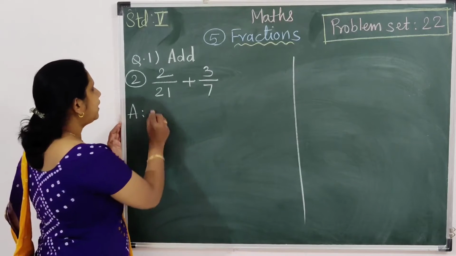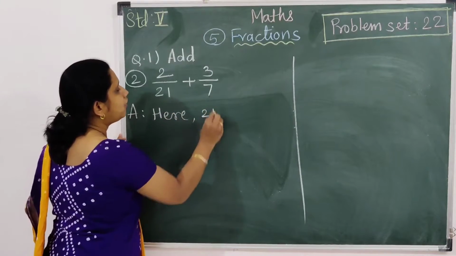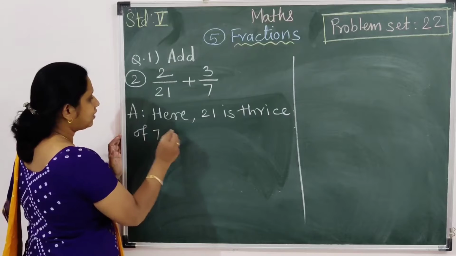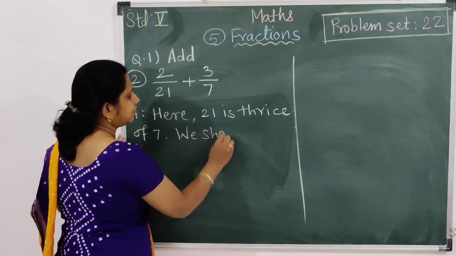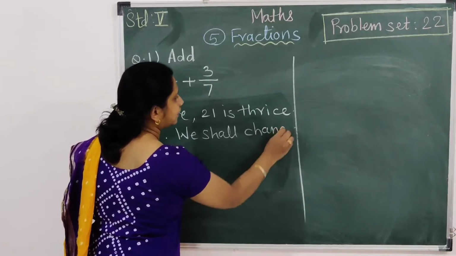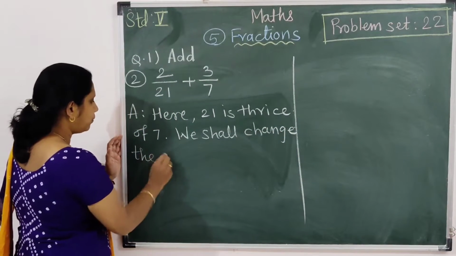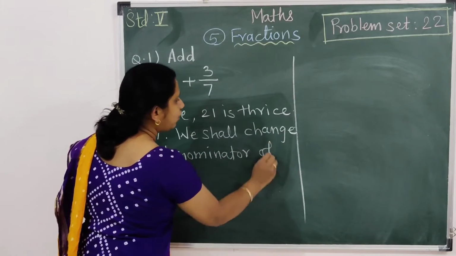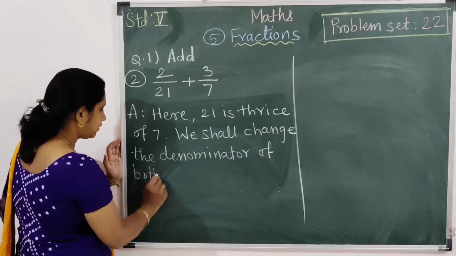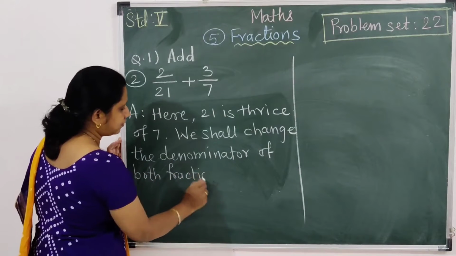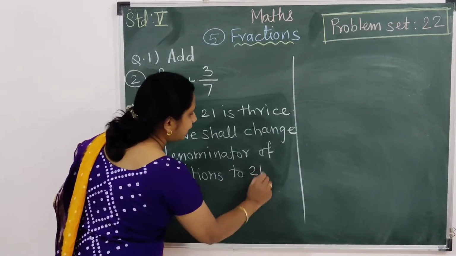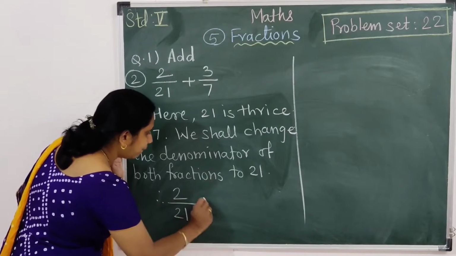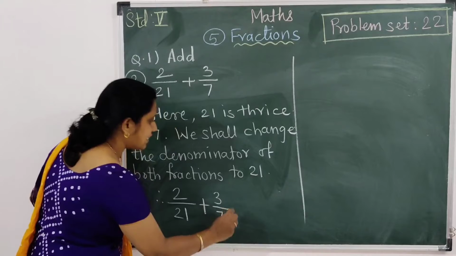Let us write: 21 is thrice of 7, so we shall change the denominator of both fractions to 21.